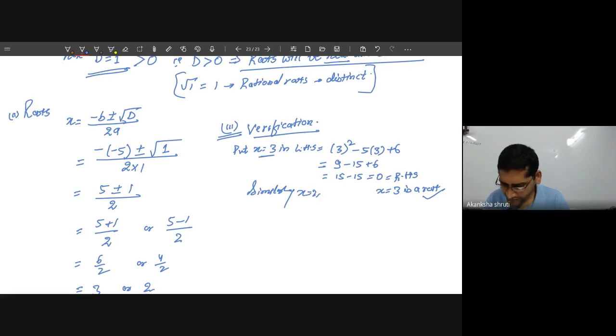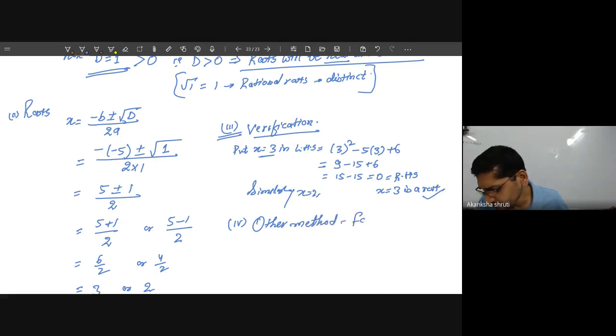You please do it. The other method of verification, let me write that as 4. The other method means factorization. Student, we have to split the middle term. The equation is x square minus 5x plus 6 is equal to 0.